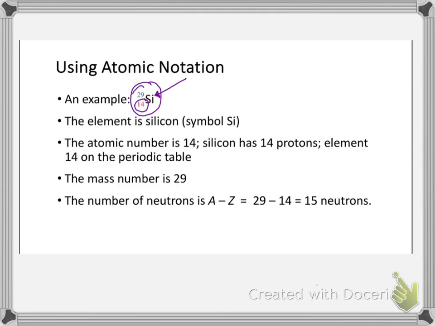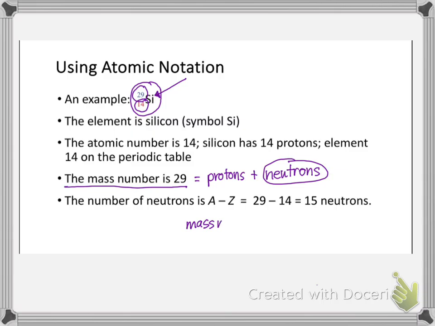Now the mass number right here is 29. You can see here, the mass number is 29. Now mass number equals the protons, which we know is 14, plus the neutrons. So if we want to discover how many neutrons are in this particular isotope, we can take the mass number, which is A, minus the atomic number, which is Z, and that will always give you the number of neutrons.